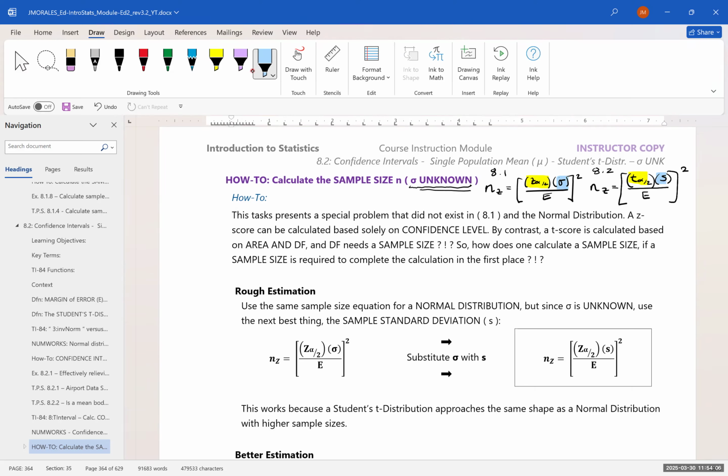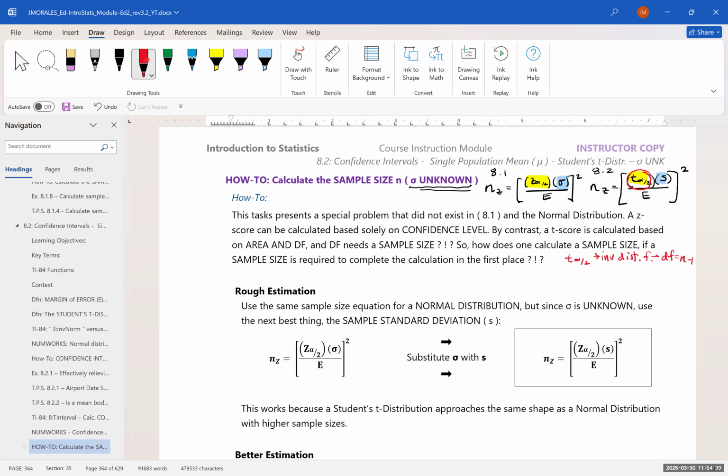Well, this creates a problem because how do you calculate this? To calculate the T alpha 2 score, you need to run this in an inverse distribution function, and the inverse distribution function needs degrees of freedom. And what's degrees of freedom? Sample size minus 1.